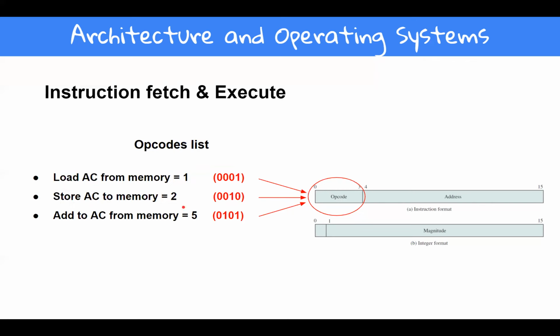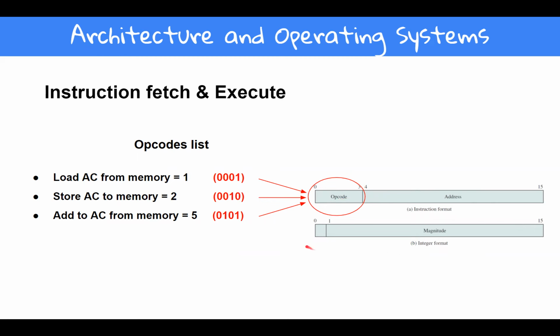It is 2, which in binary form is 0010. Add to AC: if there is a number in AC and you want to add a number to that, it's 5, which is 0101. So as you see here, we've got 4 bits for the opcodes that we need for this specific example, because we want to add 2 numbers and then save them in the memory. And the rest are the addresses.